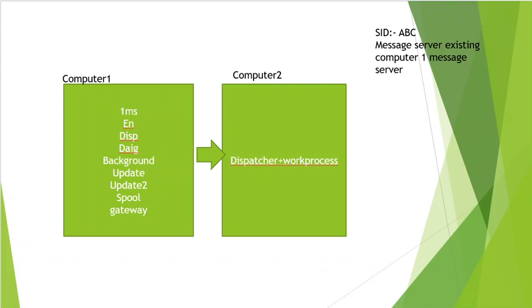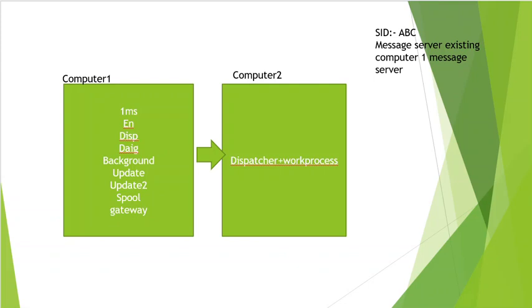So with one message server and two SAP applications, when you install an additional application server, you connect your application server to your message server, or to your computer 1. So computer 1 and computer 2 are connected.